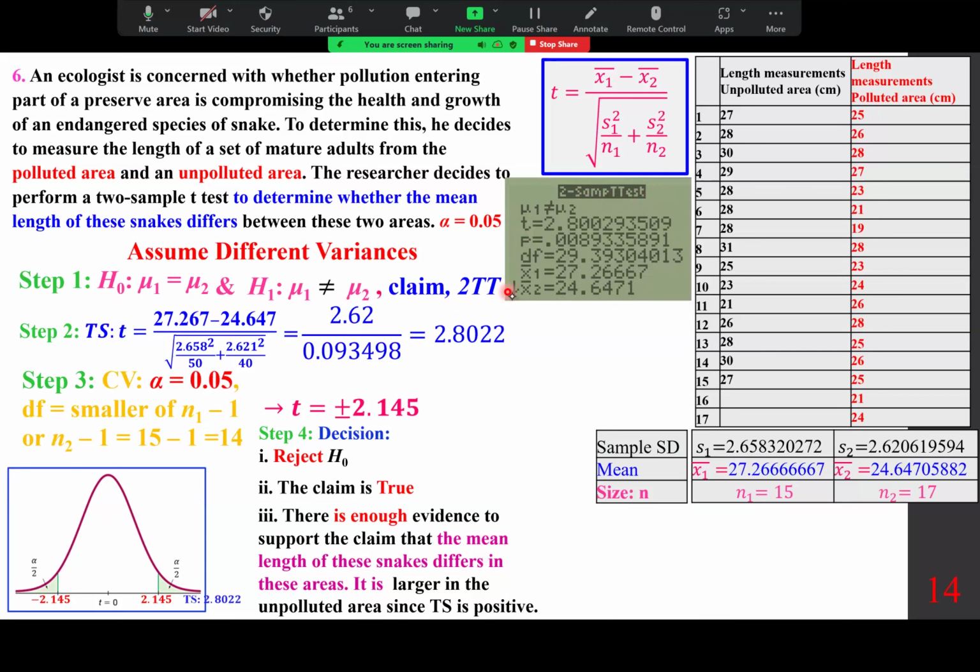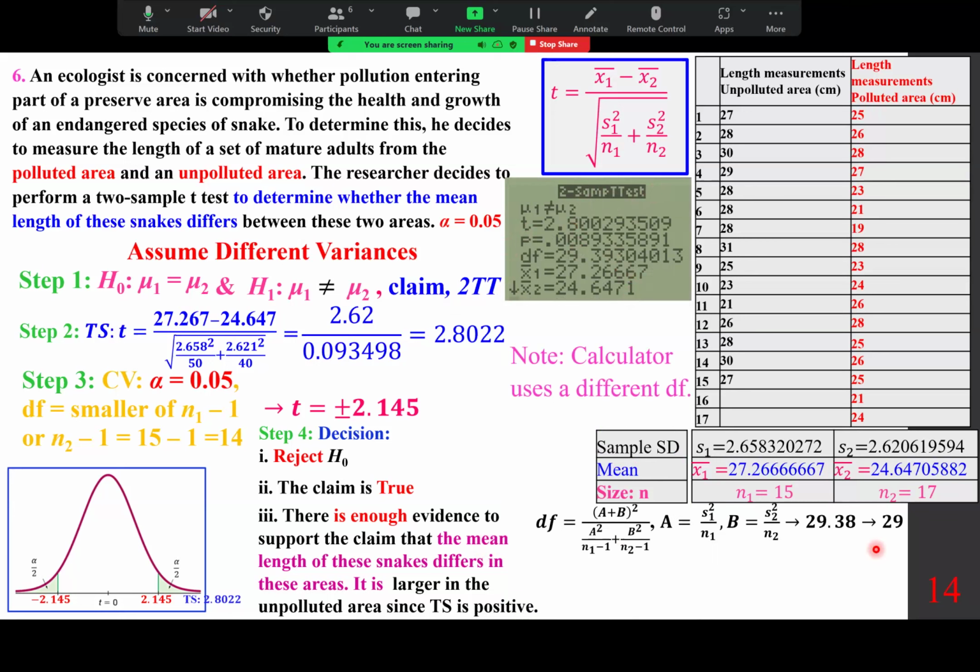And it gives us the following. I'm just showing you the information that has resulted from the data. The calculator uses a different degrees of freedom, which is this formula. I have already mentioned it to you. If you were to calculate it, you would get that. Take a look at this one.